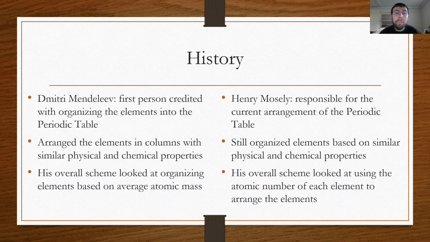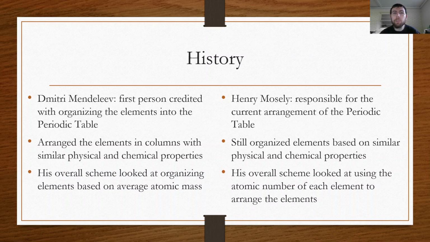Now, that might be a name that you're familiar with, but he is the first person that was credited with organizing the elements into what we would call a periodic table. Obviously, his periodic table looked very different than what we have today, but he's the first person who gets credit for putting something like this together.